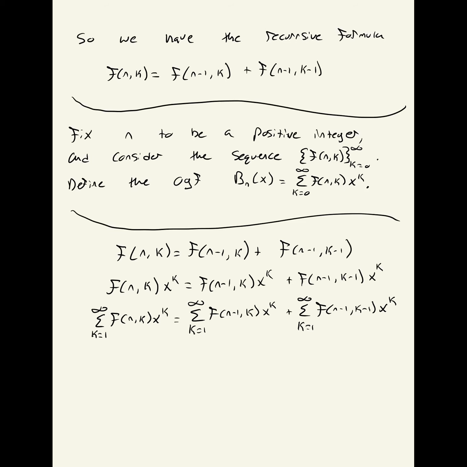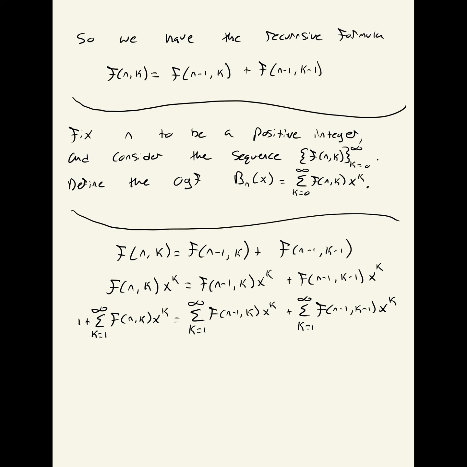Okay, so the left-hand side looks very, very close to the generating function that I've defined above. It looks very close to B_n(x). The only thing is I started at k equals 1, whereas the generating function starts at k equals 0. I really want the 1 to be in there, and by the way, when I say 1, that's when k equals 0.